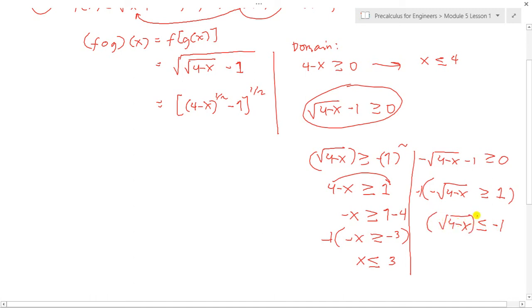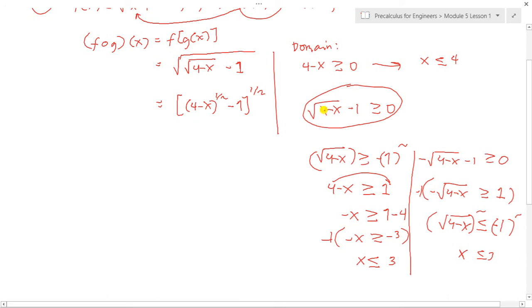Take the square root of both sides, so I think it is the same, and we go back to x less than or equal to 3. Let's verify: what if x is 3? 4 minus 3 is 1, so the square root of 1 is 1, then negative is not possible, since we cannot take a negative number here, can we?